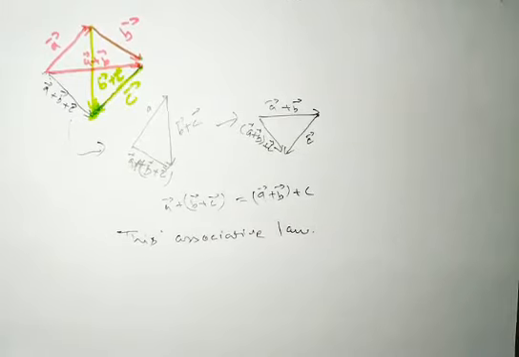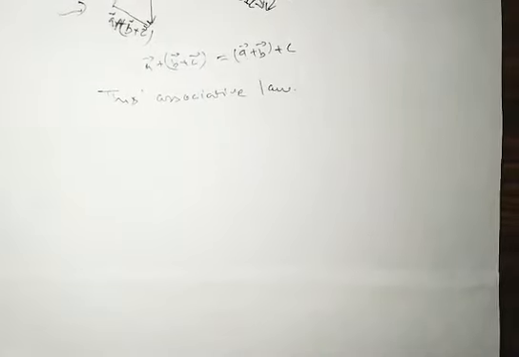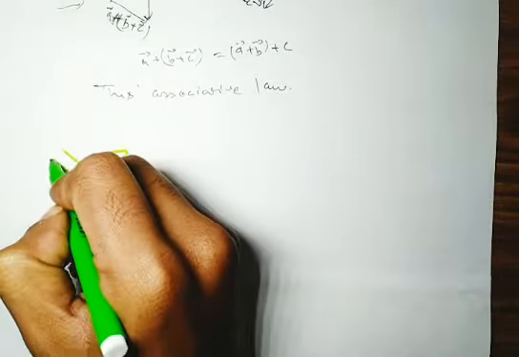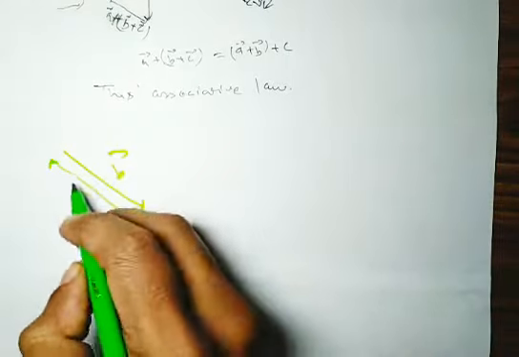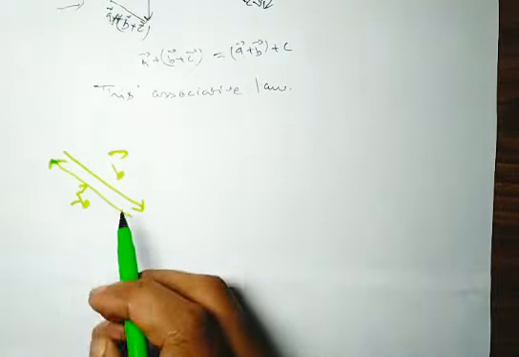Moving on, let's talk about negative vector. The negative vector has the same magnitude but in the opposite direction. For example, if this is vector B, the opposite will be the same magnitude but in the opposite direction, negative B vector.